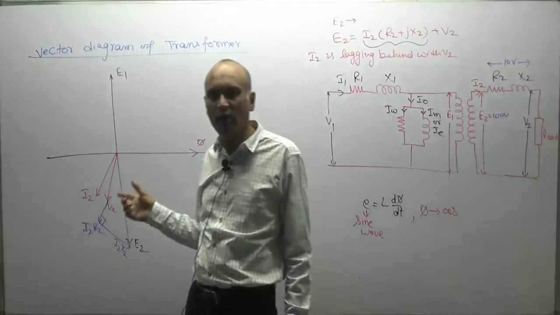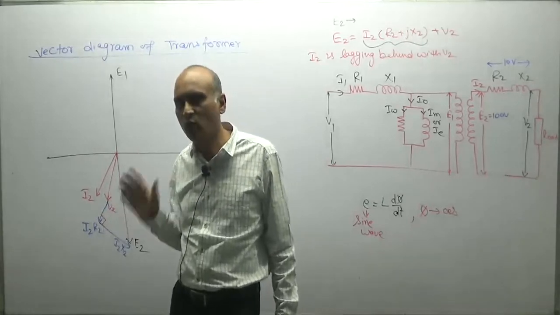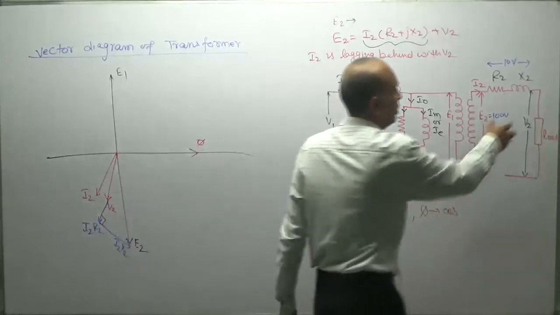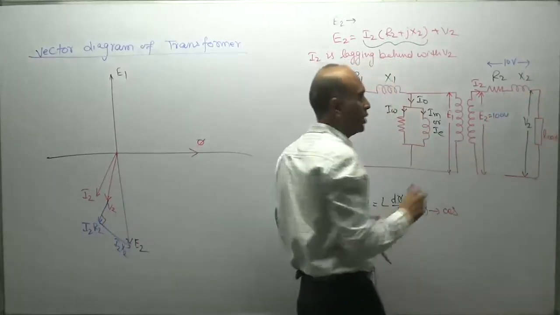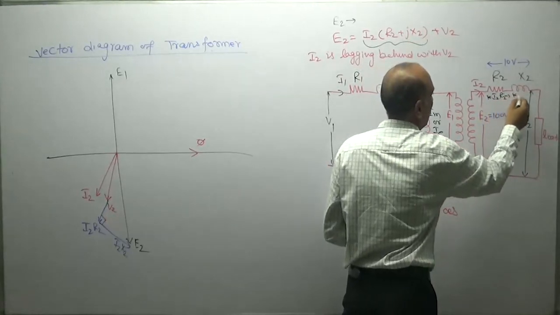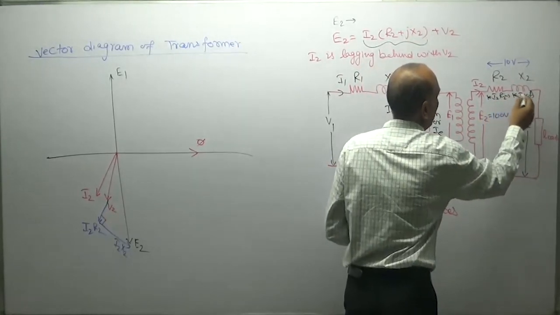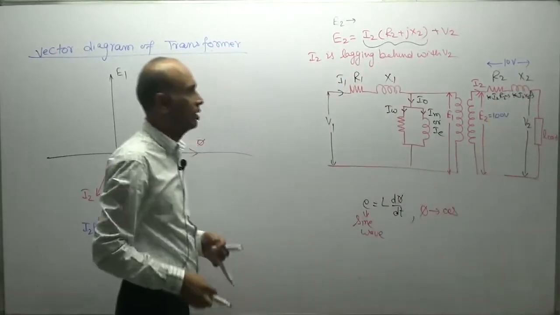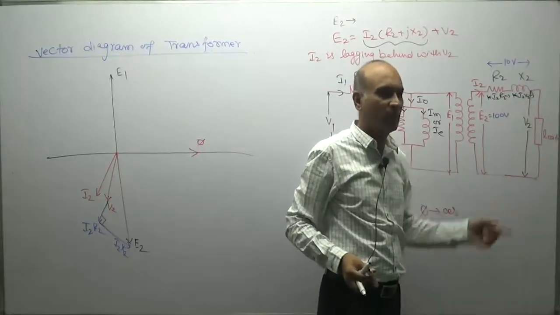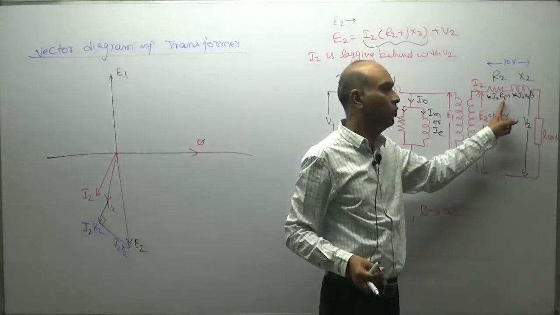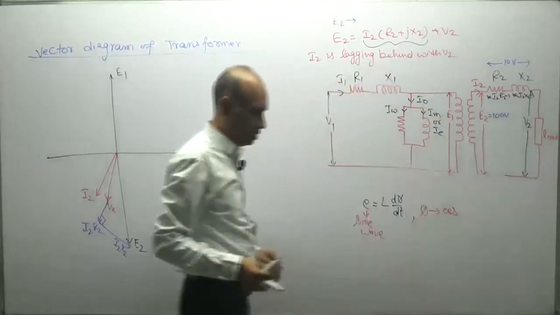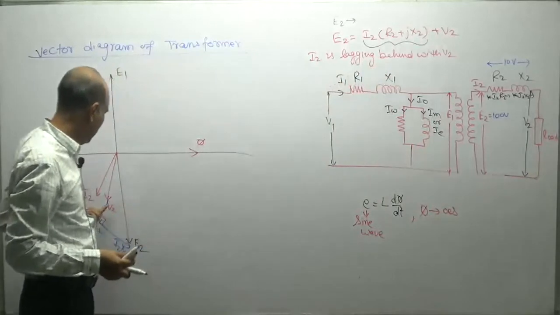I2 R2 is the voltage drop across R2, and I2 X2 is the voltage drop across the reactance. Both have a 90-degree phase difference. The vector of I2 R2 will be in parallel with I2. So it is the vector diagram of the secondary side.